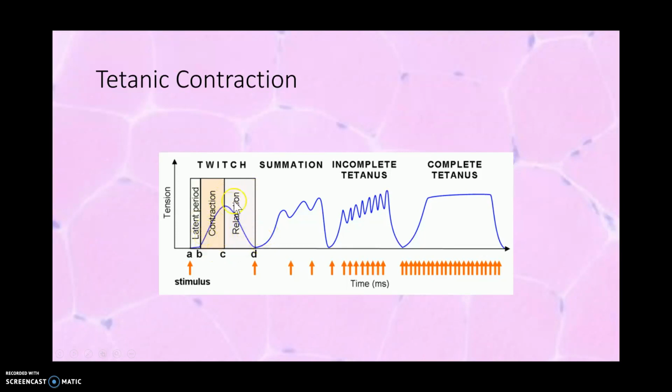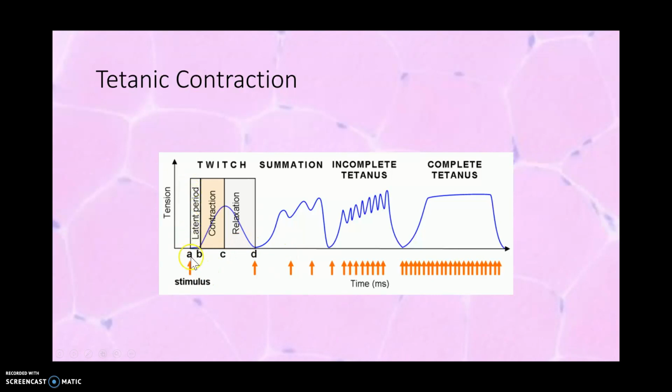Then we keep doing that, and we summate. The faster we fire that motor unit, the more calcium comes in, and the higher the amount of force we get. Again, this is incomplete tetanus. We're firing that motor unit many more times, and then we get a nice smooth muscular contraction once our cytosol can handle the amount of calcium that's being put in it.